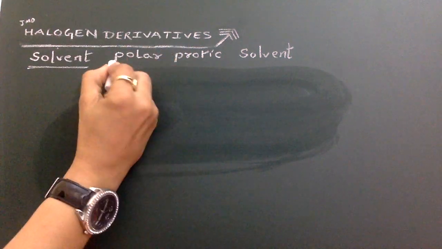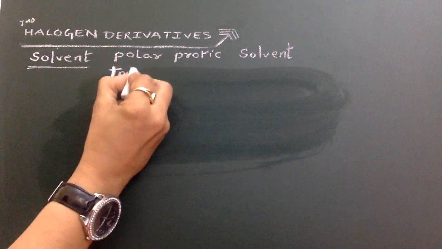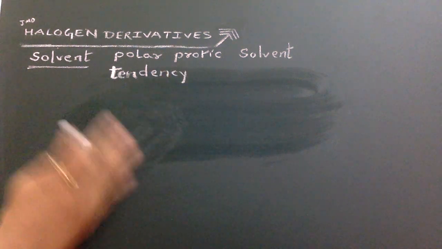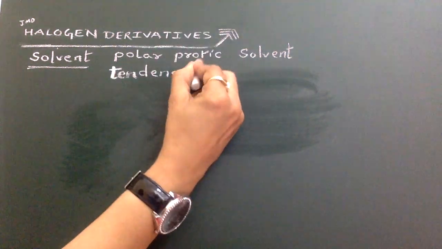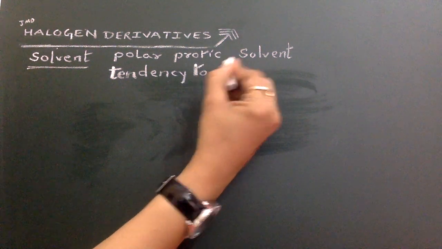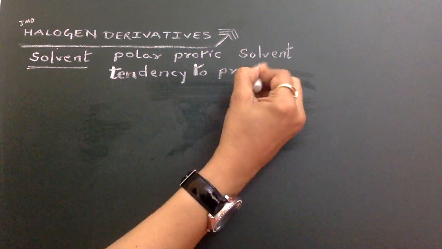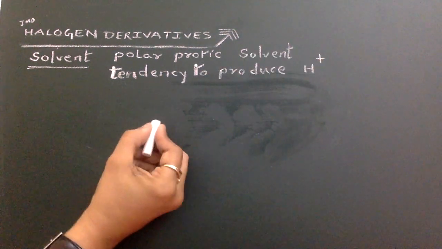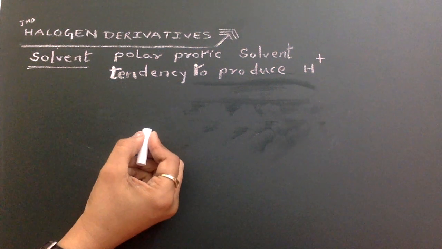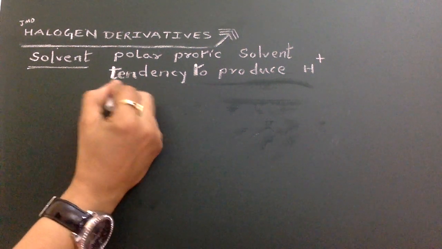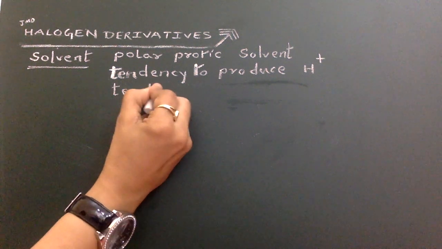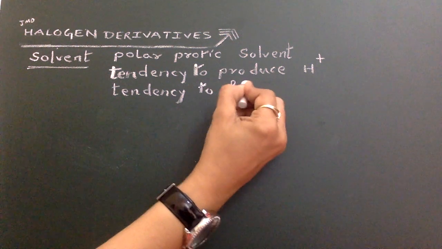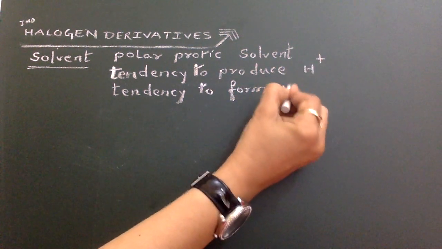Polar protic solvents are those solvents which have a tendency to produce protons, that is, they release protons, and they also have a tendency to form hydrogen bonds.